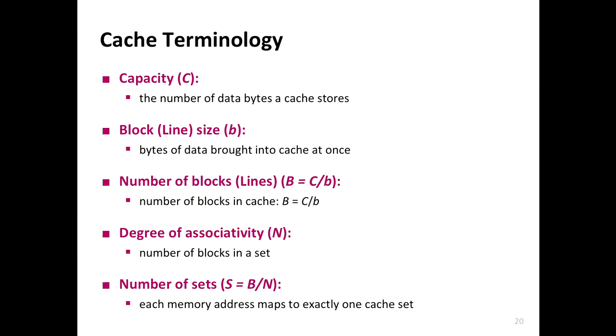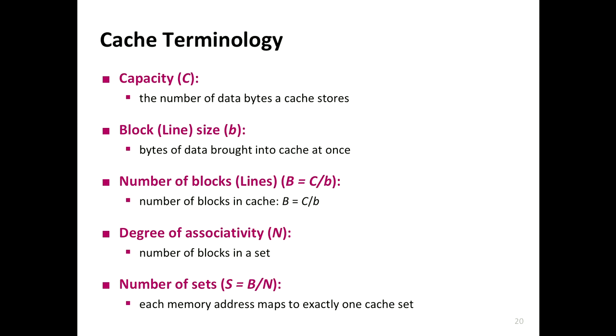So this is the capacity of the cache, and now in one time you can bring in a set of data, a number of bytes, which is basically a block of data every time I want to load. However, you can actually store a number of blocks in what we would call a line.